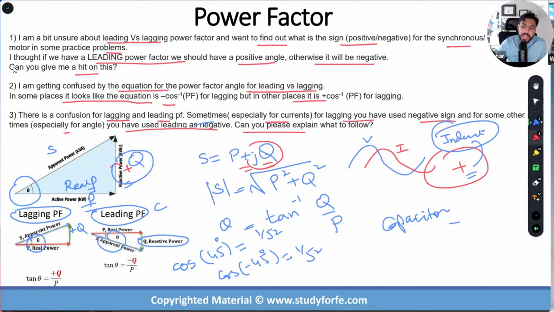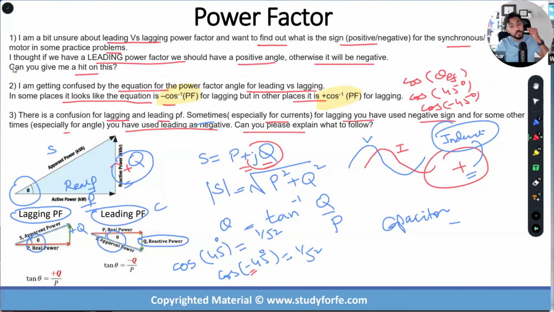Why am I bringing this up? I'm bringing this up because one of the students has correctly pointed out this. By incorporating the sine of the angle within the parentheses of the power factor formula, which is cosine theta power factor, cosine is not going to save you. Because if the angle is 45 or minus 45, because cosine is an even function, it is still going to be the same value.